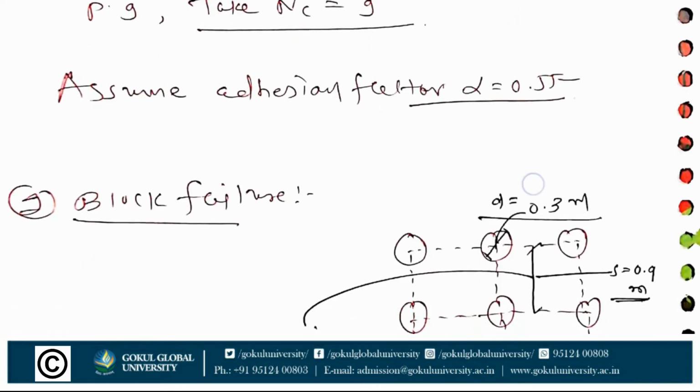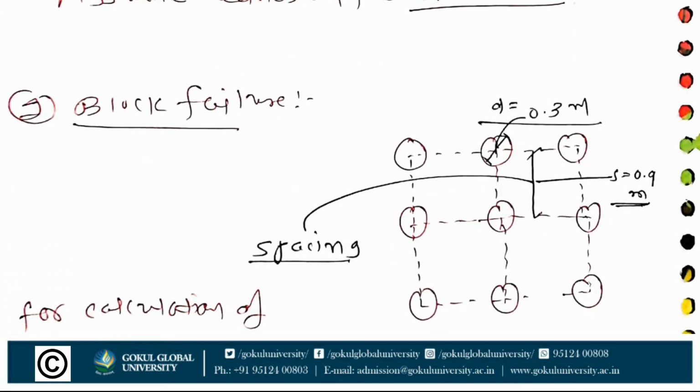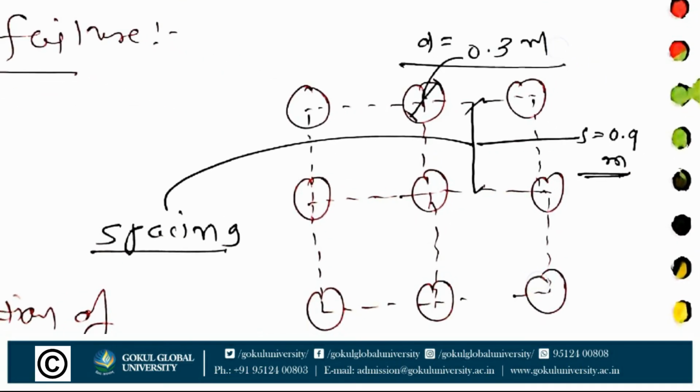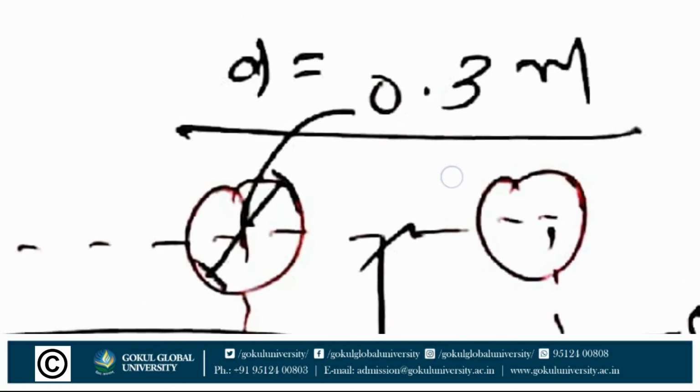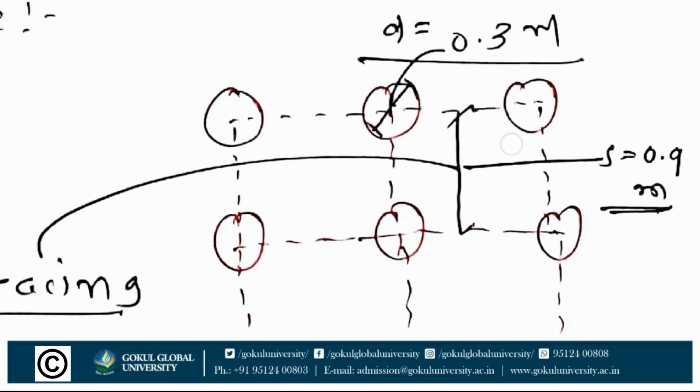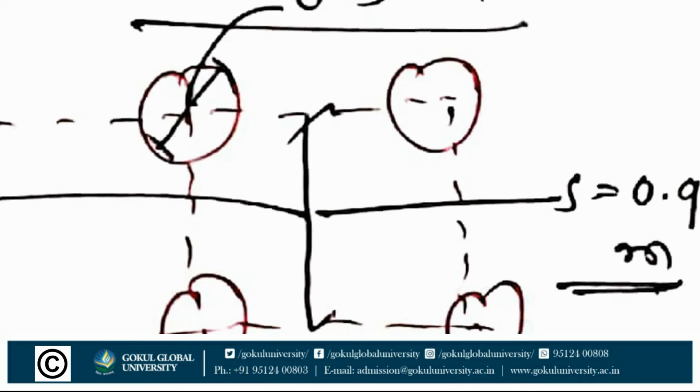First one, we have to calculate block failure. Here 9 piles are given in the example, and the piles are 9 meter long. We need to calculate B, which is the width of the pile group. The diameter of pile is 0.3 meter, and the spacing is 0.9 meter, since 90 centimeter is given.